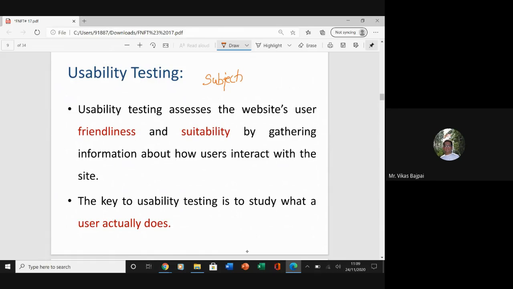Your usability is something which is subjective in nature. Usability testing basically assesses the website's user friendliness and suitability by gathering information about how the users interact with this particular site. So once again, the feedback plays a very important role in this particular part as well.